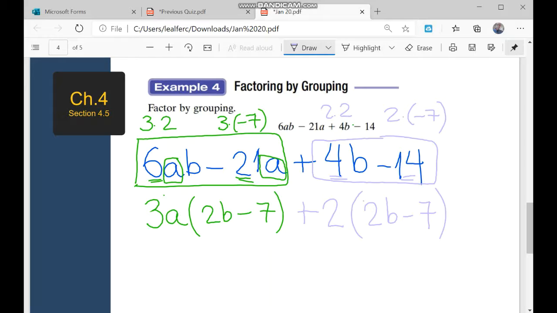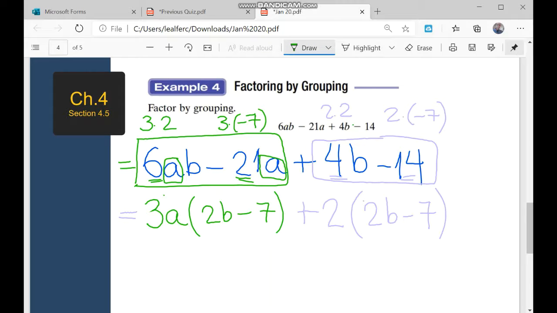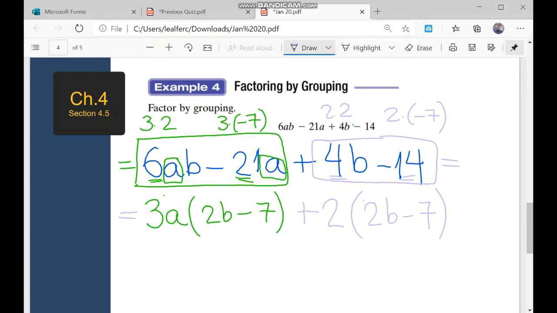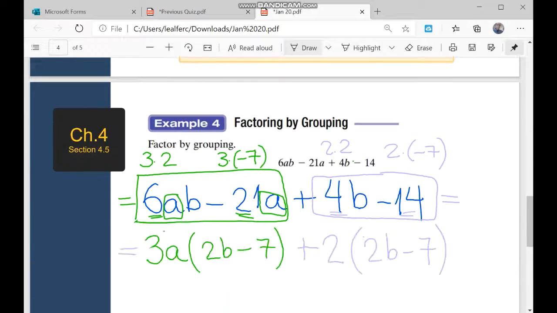Tell me, can we factor out anything else? Check the results. Check what we found here. And let me know, can we factor out anything at all? And remember the last step. You can read the last step again. If the two terms share a common binomial factor, then you factor out this binomial.